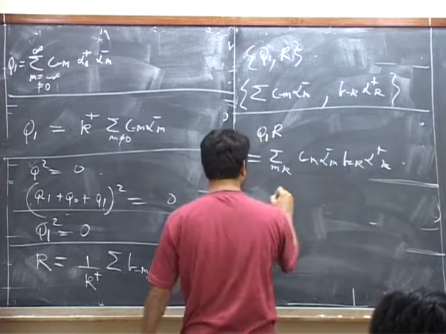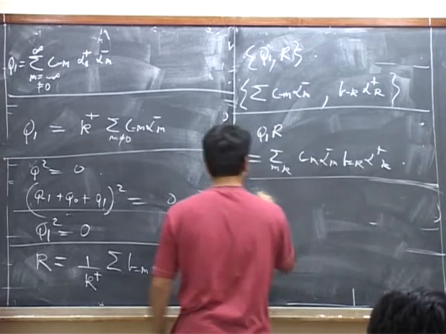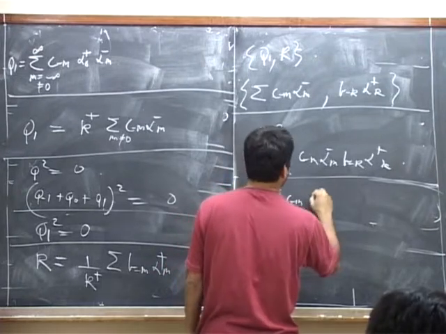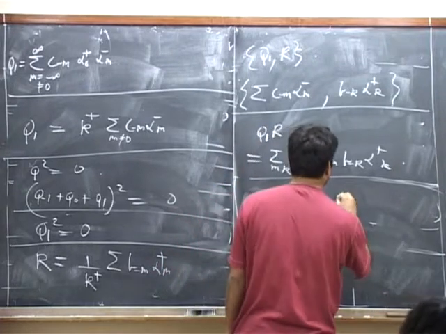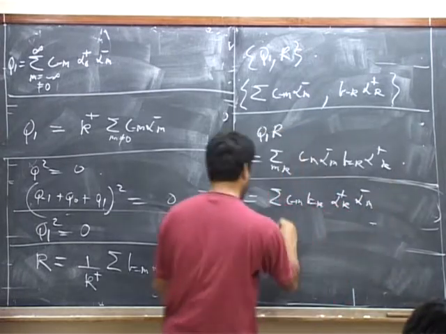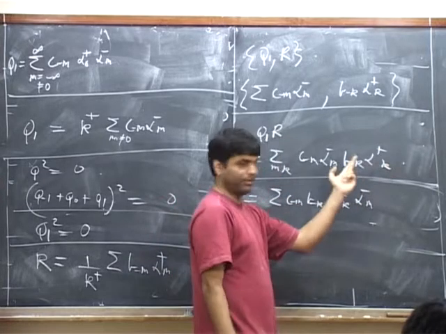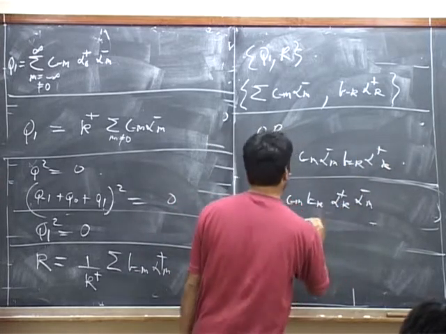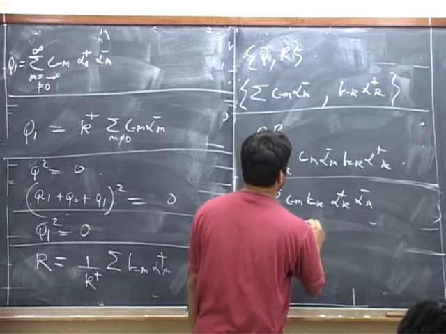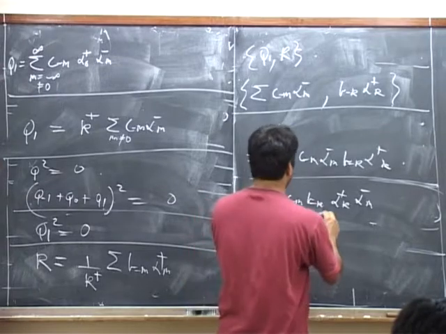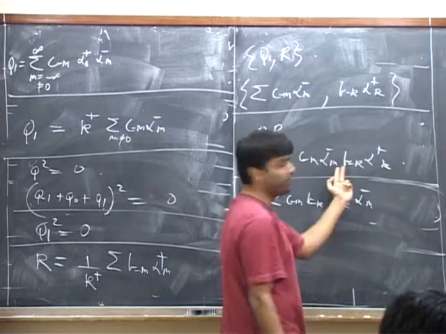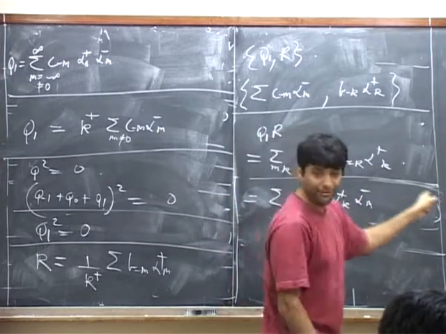So this thing is equal to a term when you pull it through, which is sum over c minus m, b minus k, alpha plus k, alpha minus m, plus the term that you get from the commutator. Now, this term has two parts. It depends on whether m is positive or negative.